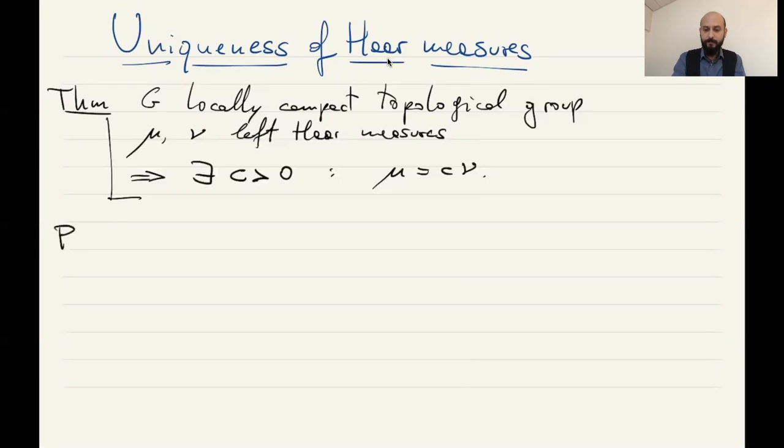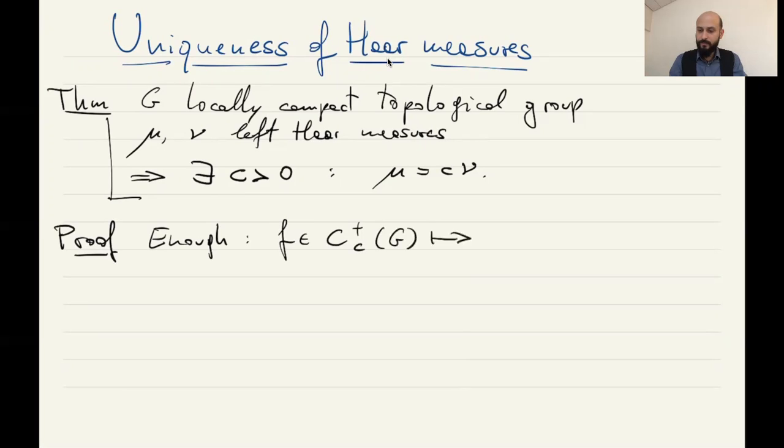Let's prove it. Proof. So we have this mu and nu, and it's going to be enough to prove that the function that to any f associates the number integral of f d nu over integral of f d mu is constant.